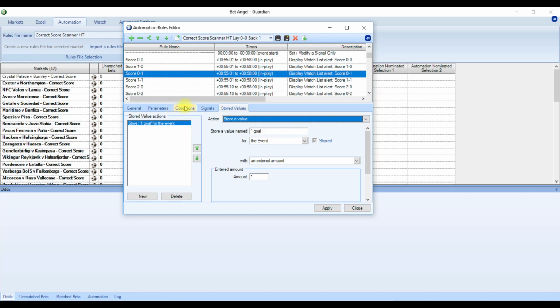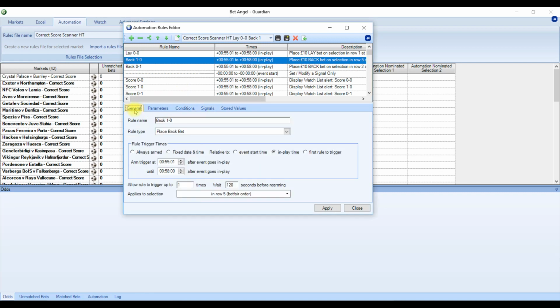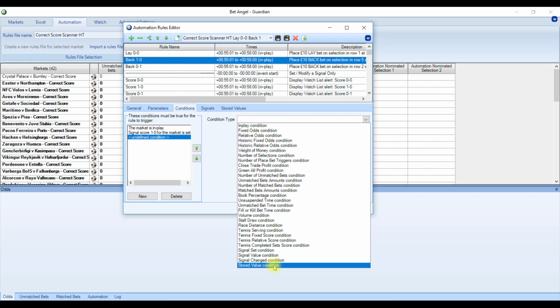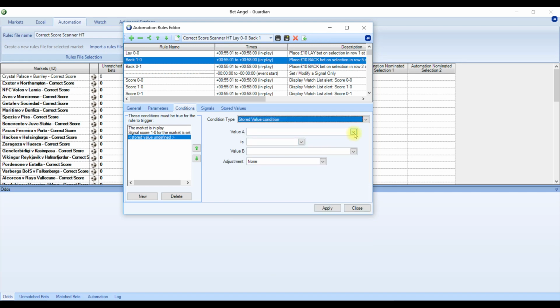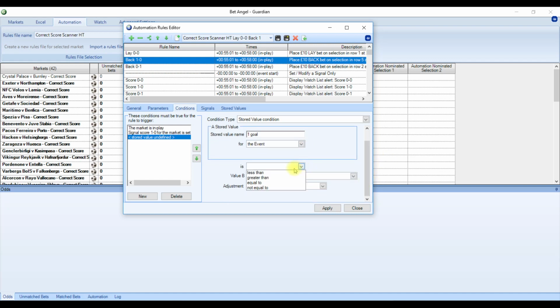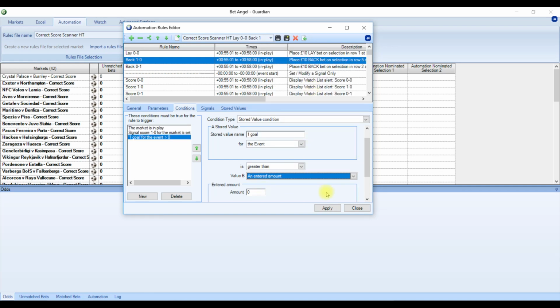Now if we head over to, let's say, your match odds market, all you want to know is if there is 1 goal in that market. So we would open a stored value condition, and the stored value name, 1 goal for the event, because we're sharing it with the event, is greater than an entered amount of 0, because we know if 1-0 or 0-1 is set, then that value becomes 1.